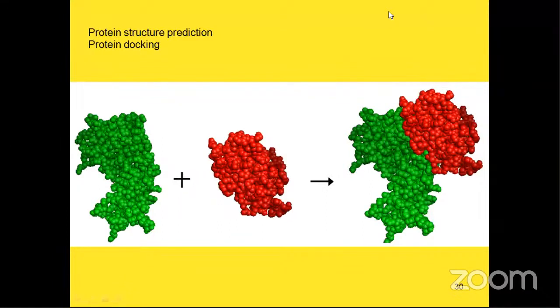For example, say P53. It is a specific protein which is associated with many of the biochemical reactions. Now, if you want to block P53, you need to have the structures of certain molecules which have the ability to bind to P53.